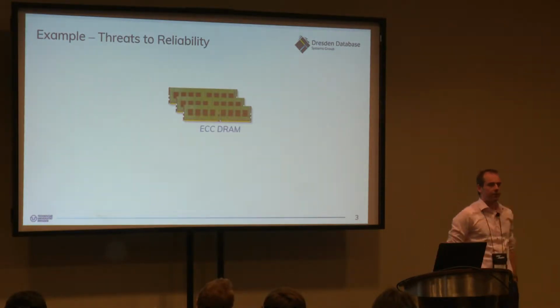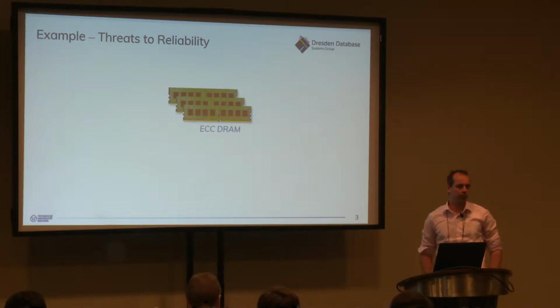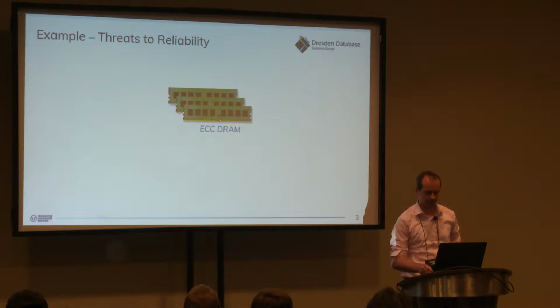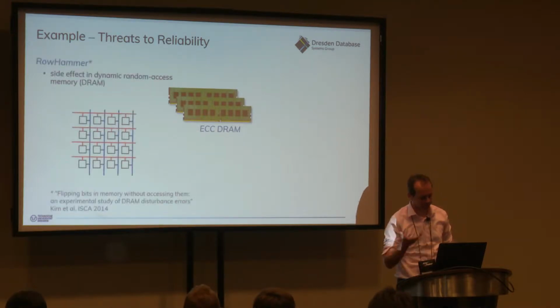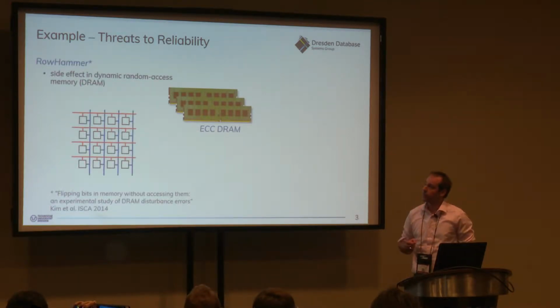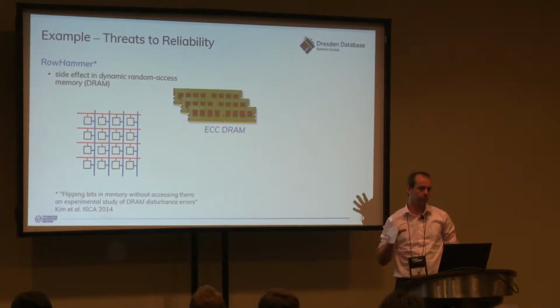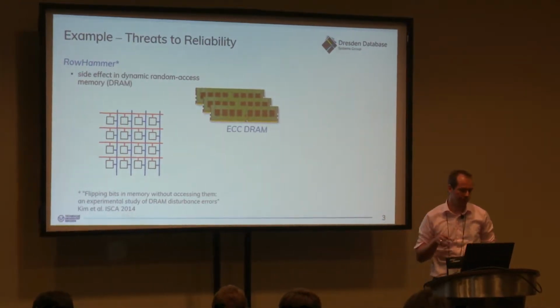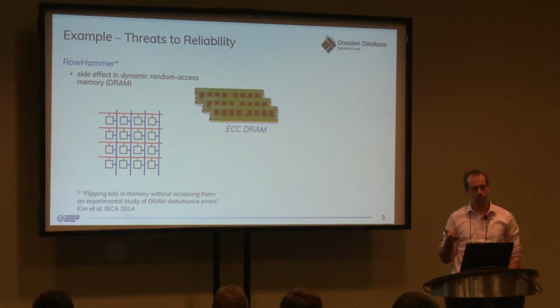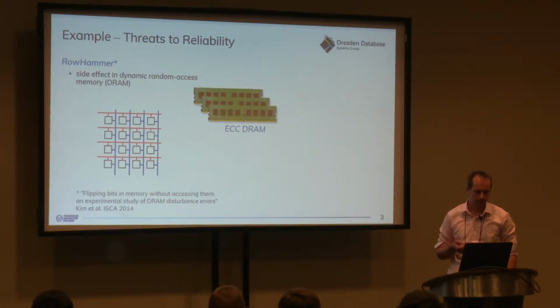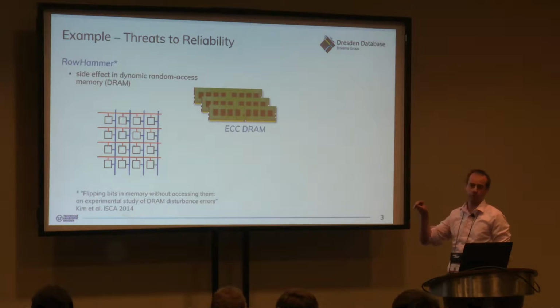So people said that, okay, we have ECC DRAM, error correcting code DRAM, and that will solve all our problems. But let's have a look at how it works. Some of you may know the row hammer problem. This is just one example of an issue which is a threat to the reliability of our hardware. I just want to shortly show you how it works.